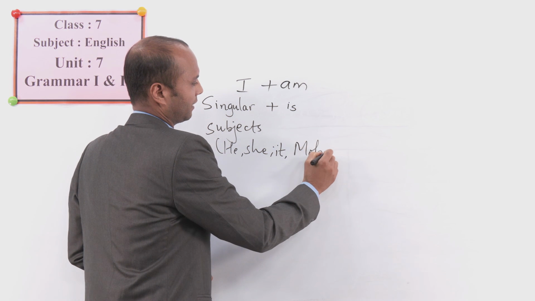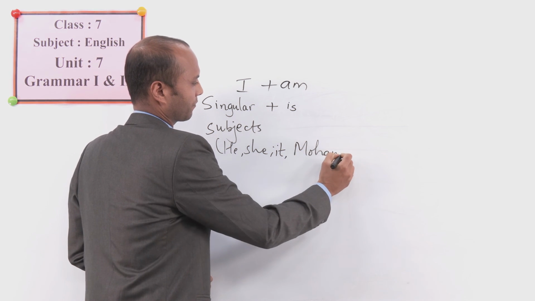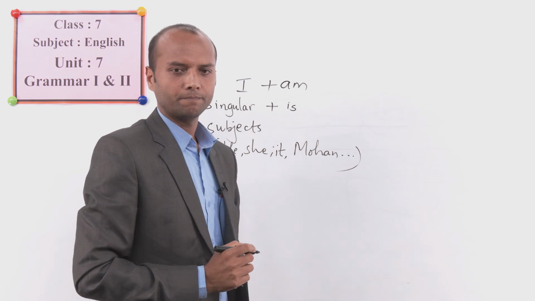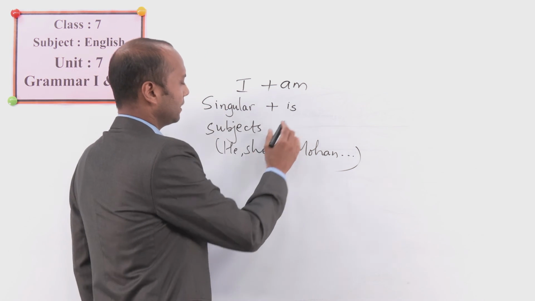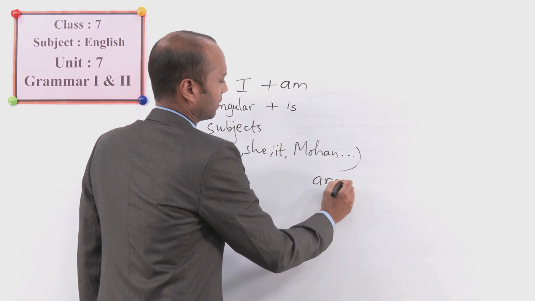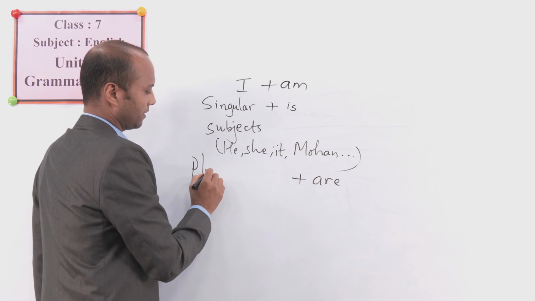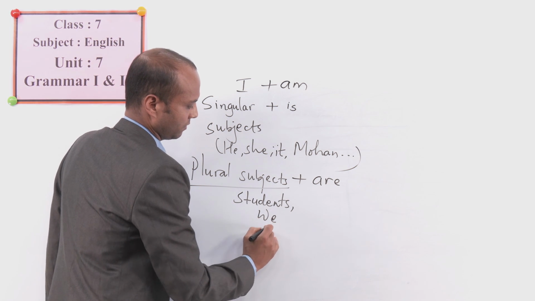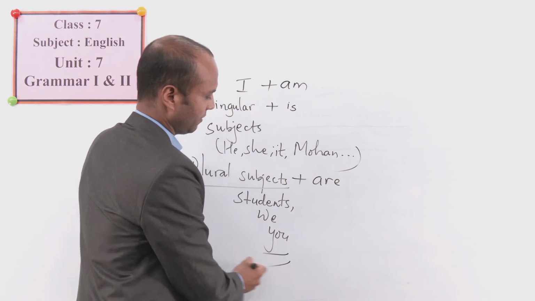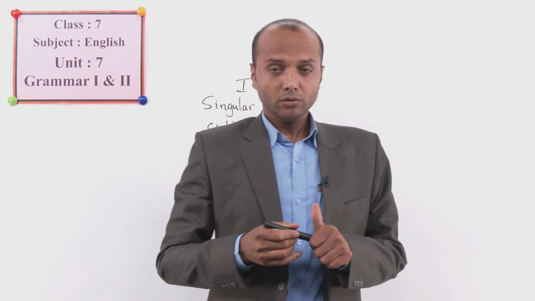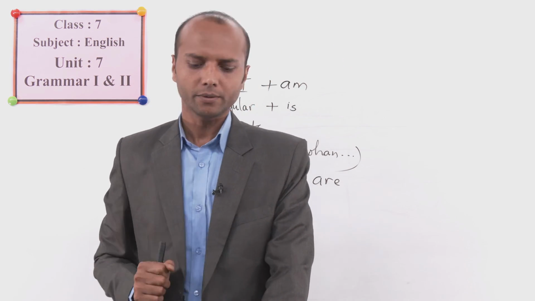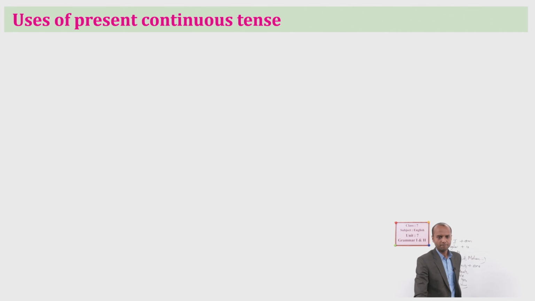For example, there can be Mohan, etc. Mohan is reading a book. And you use are with plural subjects. For example, students, we, you, etc. So, I guess you are clear about how these auxiliary verbs are used.